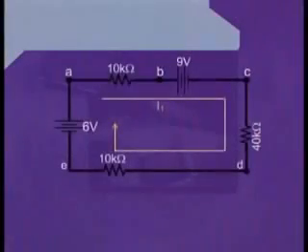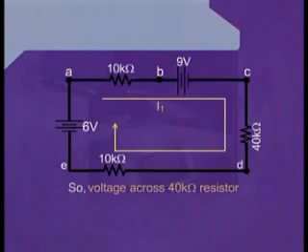To calculate further voltages, let us go to the slide once again. Therefore, using this value of I1, we can calculate the voltage across the 40K resistance, which was our initial motto.